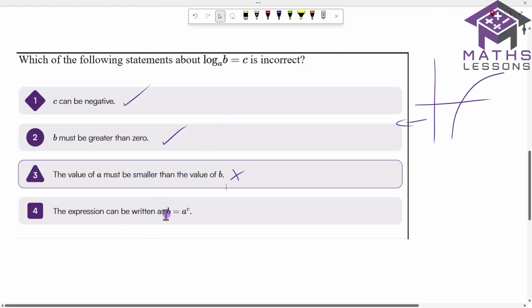The expression can be written as B equals A to the C. Well, the way I like to do it is if we've got log_A of B equals C, then we raise both sides to the power of the base, and that will undo the logarithm. That means that B equals A to the C, and that's true. So the one that's not true is number 3.